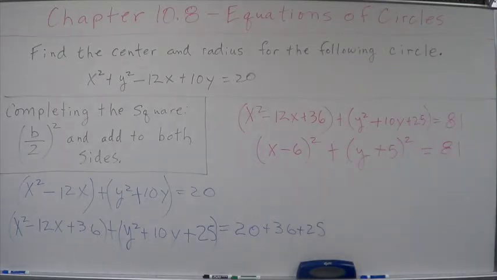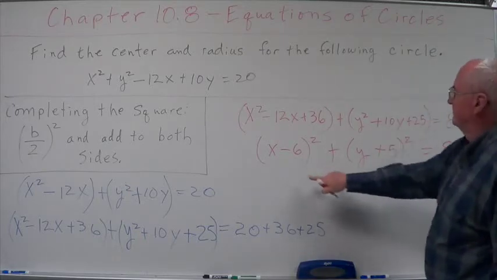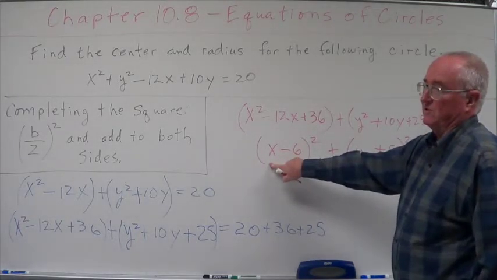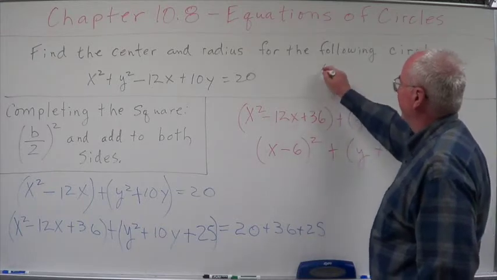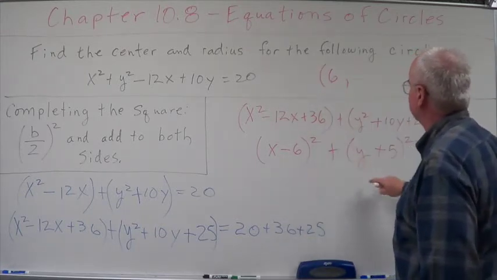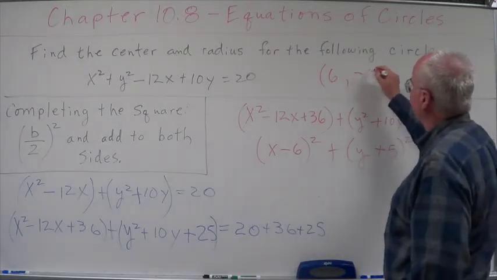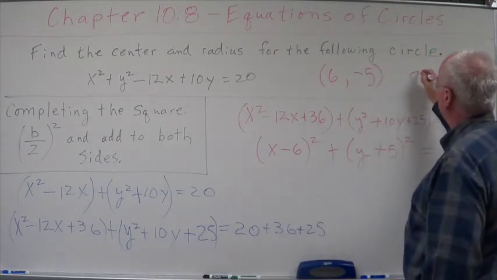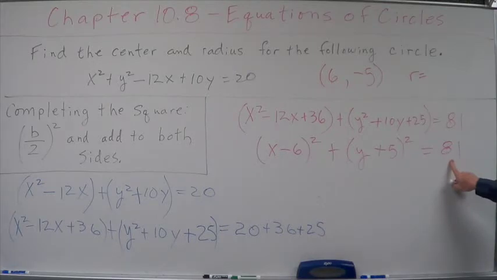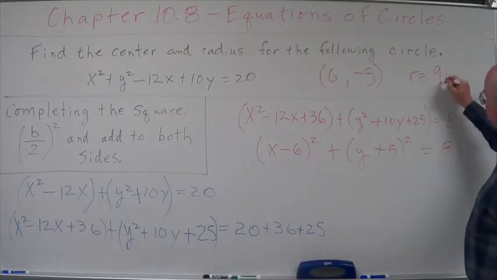So there's the equation of a circle. What's the center? We're supposed to subtract the center, so our x is going to be 6. We have to reverse the sign of this one, negative 5. And r equals the square root of 81, which is 9.